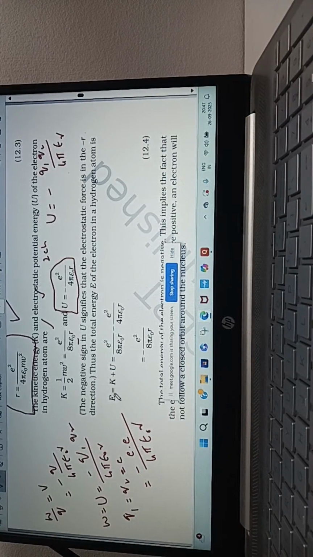So total energy is the sum of the potential and kinetic energy. This and this, so this is added here. Take an LCM. What LCM will you get? LCM is 8 pi epsilon naught r. So what will you get? e square.